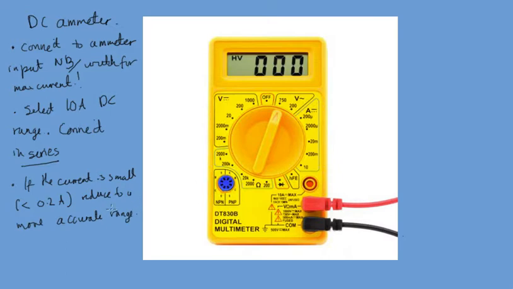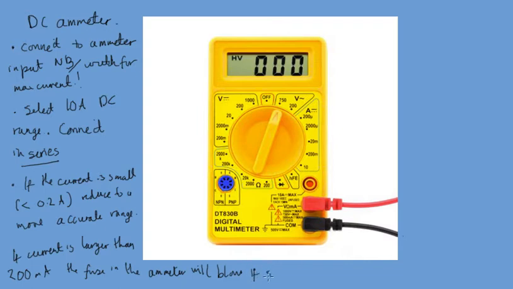Now, you only do this if you know the current is going to be small. In the multimeter, there's a fuse. So if the current is larger than 200 milliamps, the fuse in the ammeter will blow if it's set to a low range.